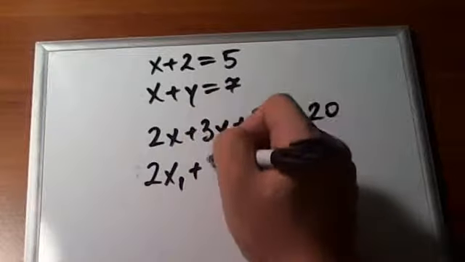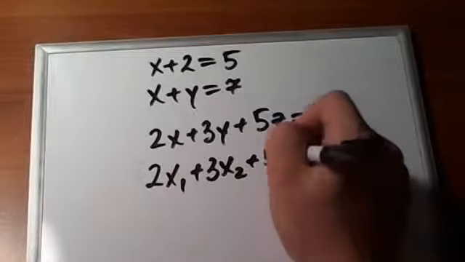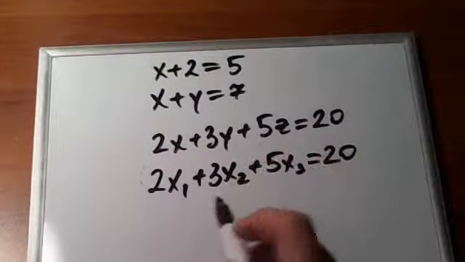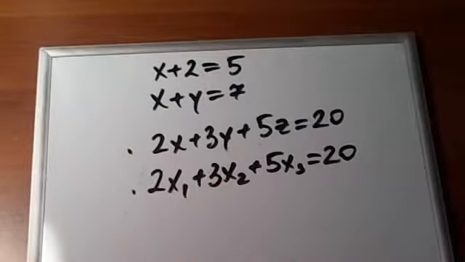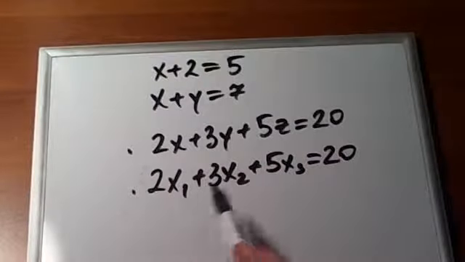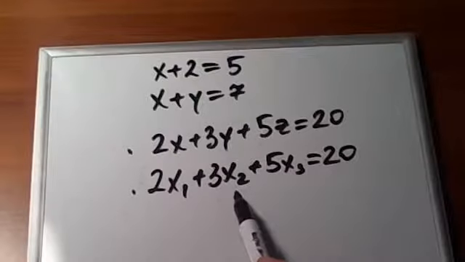2x1 plus 3x2 plus 5x3 is equal to 20. These two equations are the same, but instead of variable x, we used variable x1. Instead of the variable y, we used variable x2.